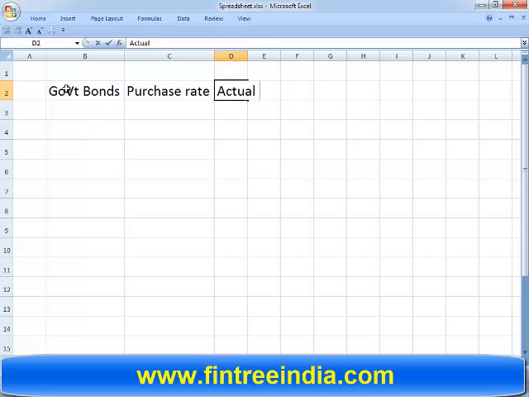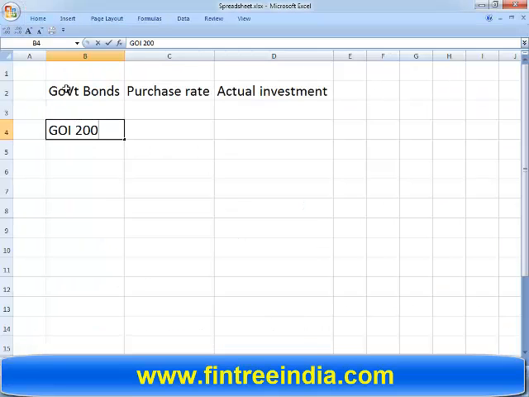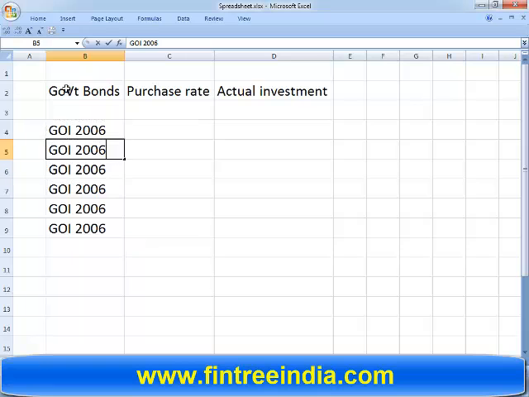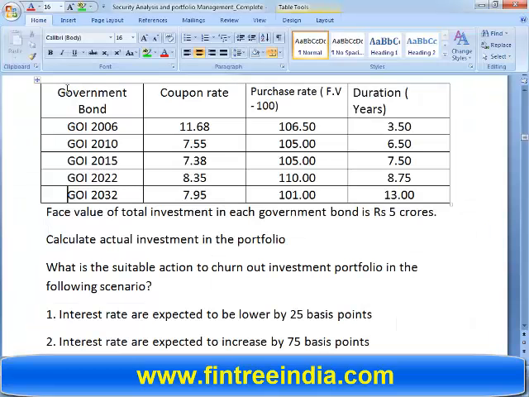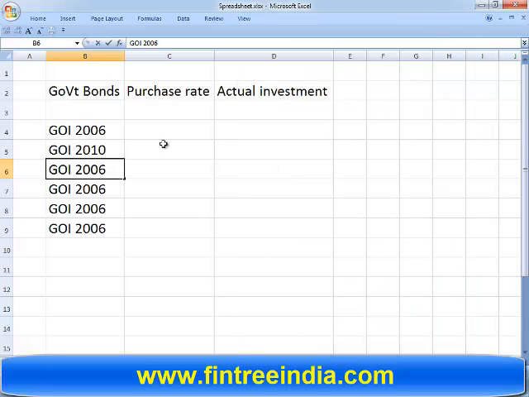So this is GOI 2006. Then we have 2010, 2015, 2022, 2032.